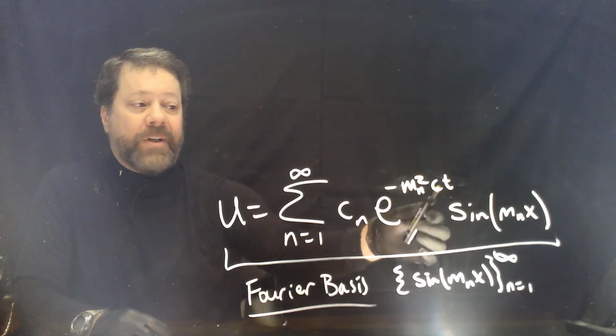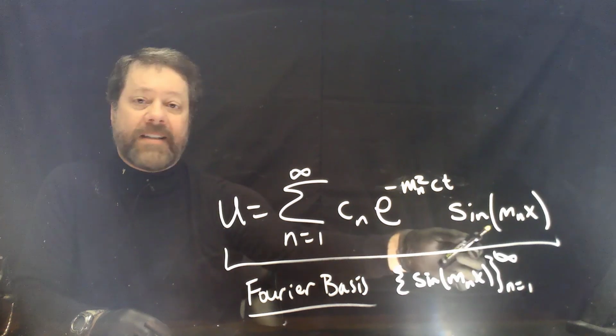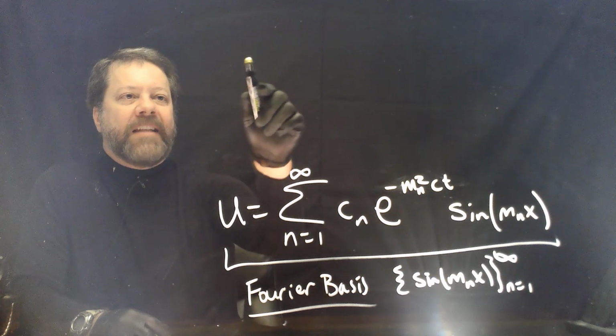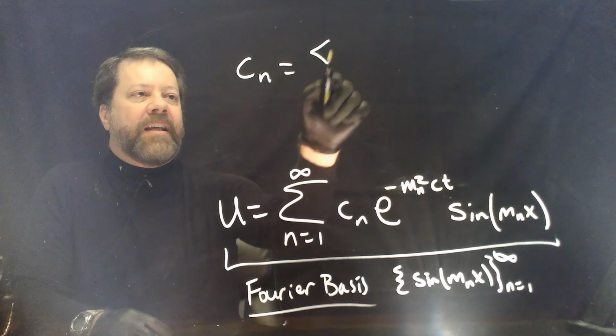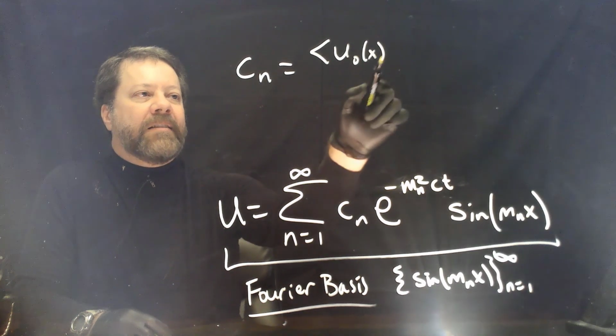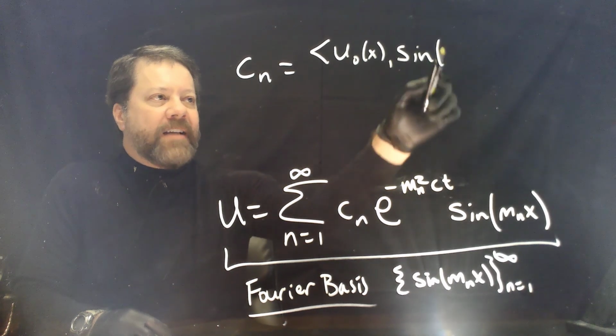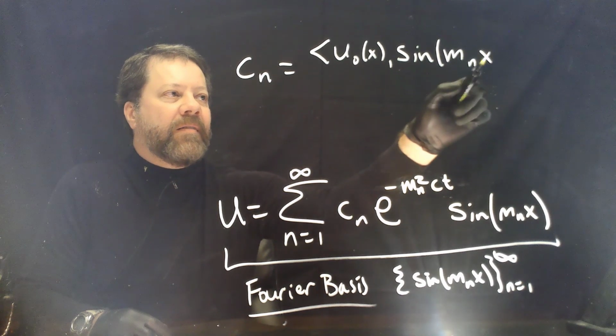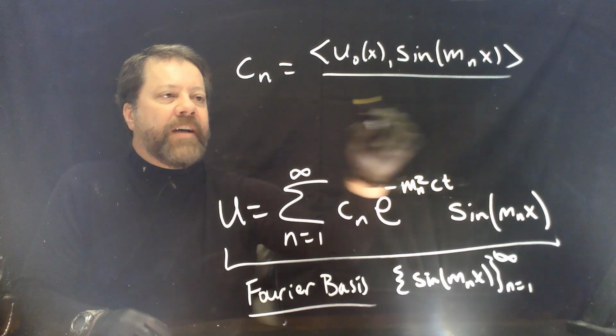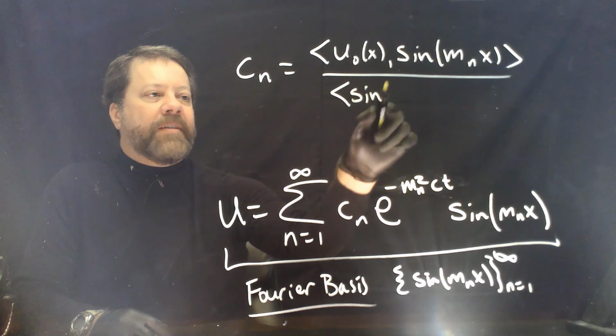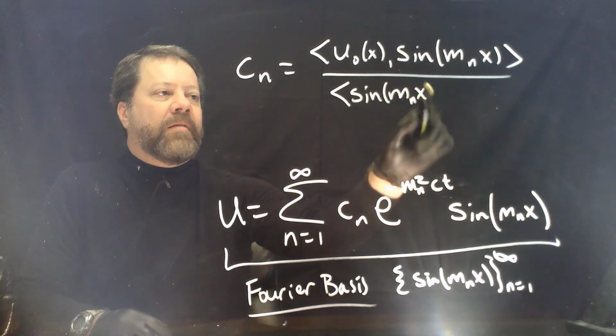At t equals 0, we'll just have cn times the sines. That means then that cn must be the inner product of the initial data with a basis element divided by the inner product of a basis element with itself.